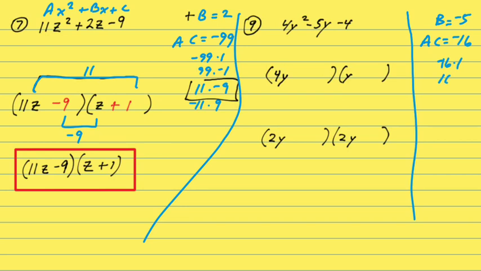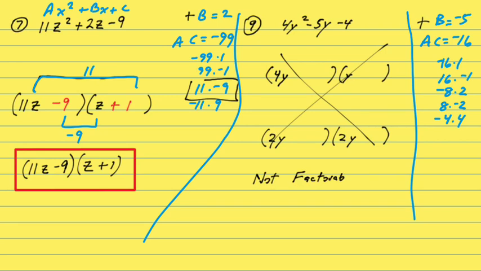Negative 16 times 1, 16 times negative 1. Negative 8 times 2, 8 times negative 2. Does 3 go into 16? No. 4 times negative 4. Do any of these add to equal negative 5? So I don't believe this is factorable. Not factorable.